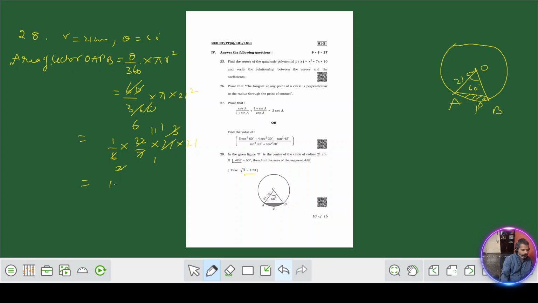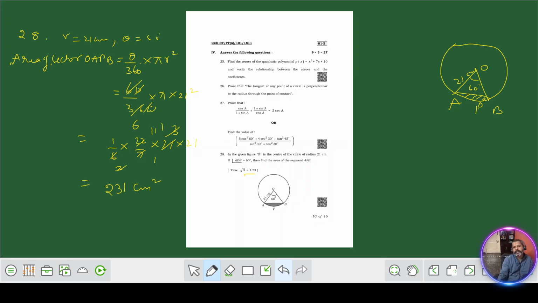So 11 into 21 is 231. 231 cm square is the area of the sector.